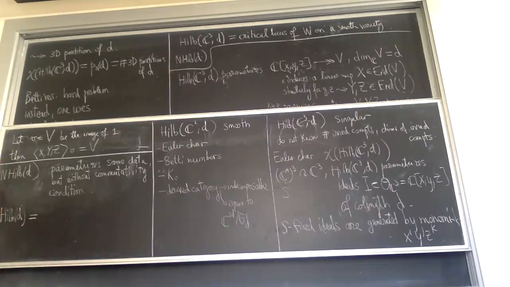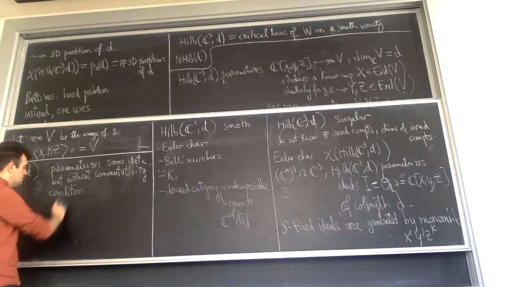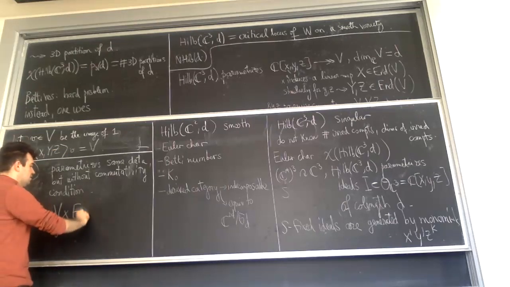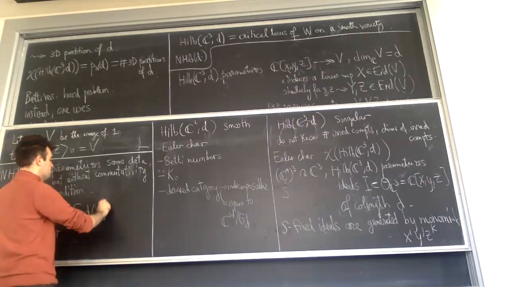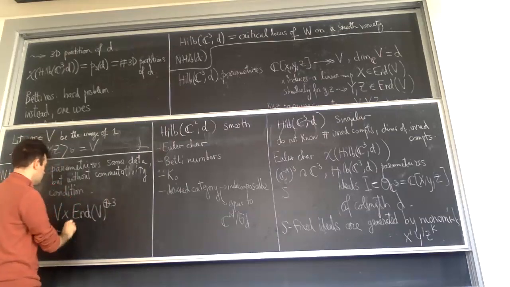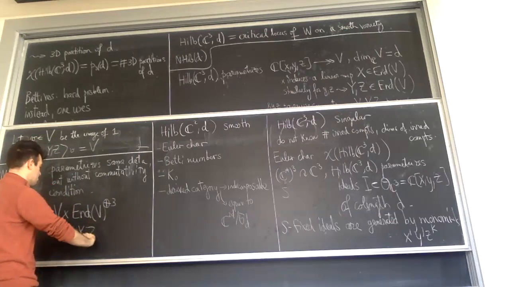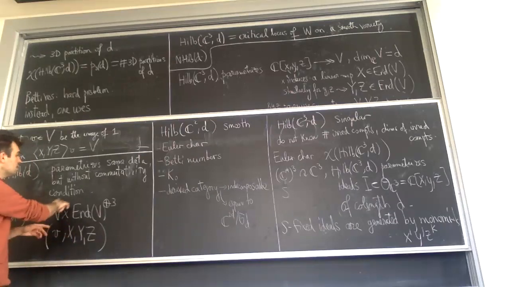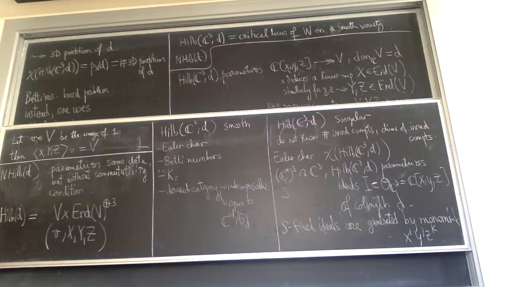Its elements will be tuples in V, so this corresponds to this vector, the image of 1, times 3 endomorphisms. But inside this affine space, we select an open that corresponds to this condition.